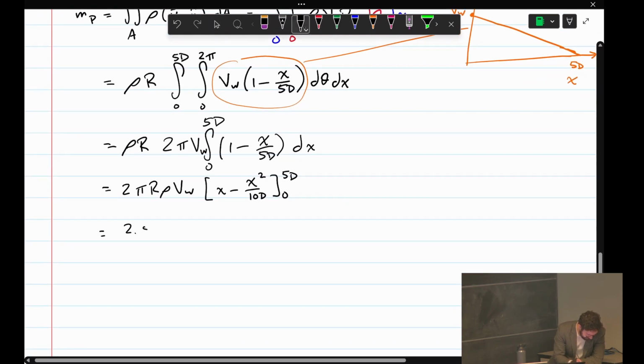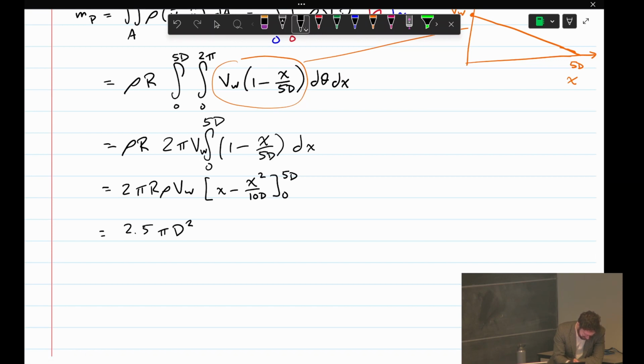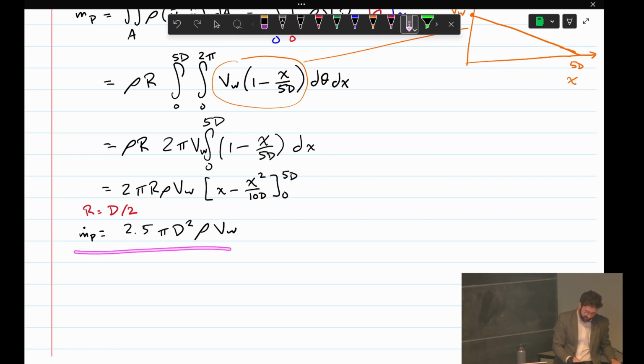And that gives us 2.5 pi d squared rho VW. I've also used the fact that r is d over 2 here. So this is the mass flow rate out of our non-uniform section. That's basically the integration of this linear function.